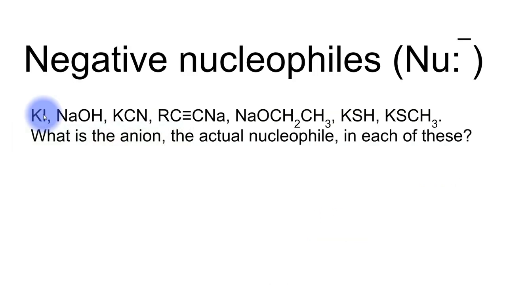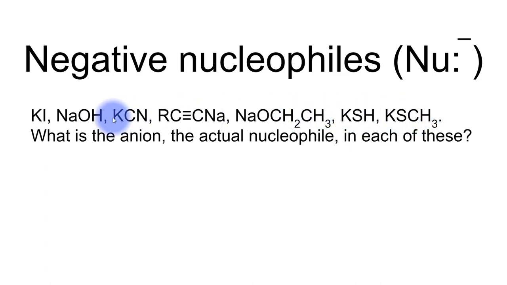So here are some negative nucleophiles. I've just listed out some compounds here. Potassium iodide, sodium hydroxide, potassium cyanide, sodium acetylide of various types where the R group could be different things, sodium ethoxide, so this is an ethanol in which the hydrogen has been taken off, and so it's a negative oxygen and a positive sodium, just written as sodium ethoxide. Here's potassium hydrogen sulfide and potassium methyl sulfide.